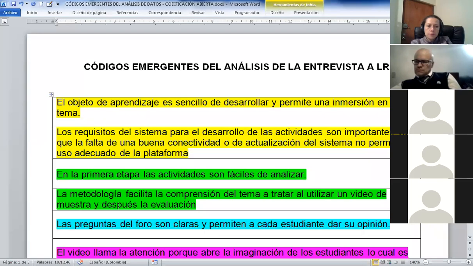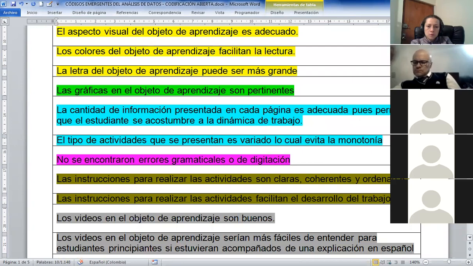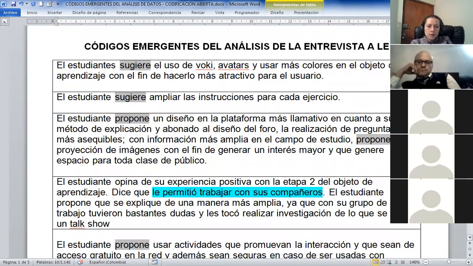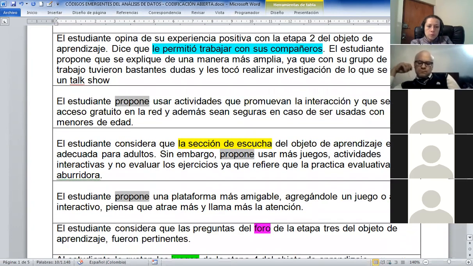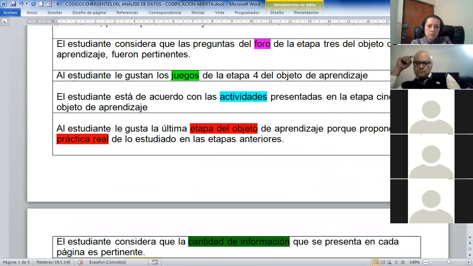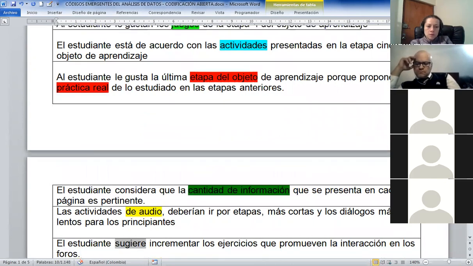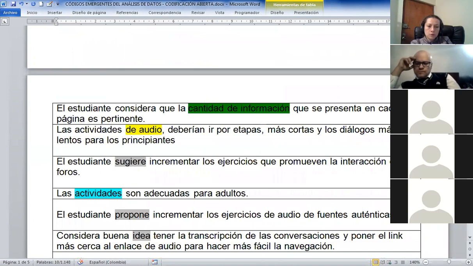Here we have it. So we already read about the student. So now we're going to read about LE. So he has suggestions, proposals, collaborative work, proposals, listening, proposals, forum, games, activities, real practice, the amount of information, audios. Okay, here is actually a proposal, a suggestion.